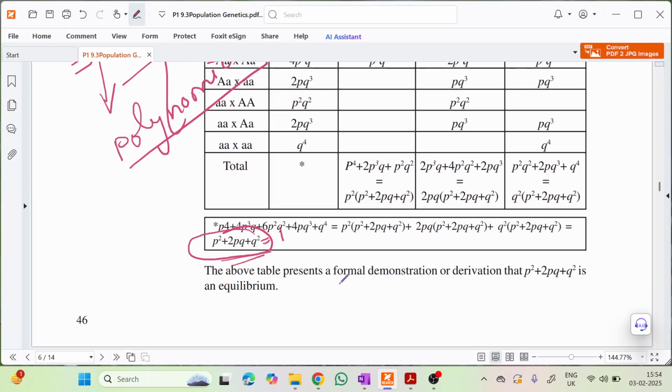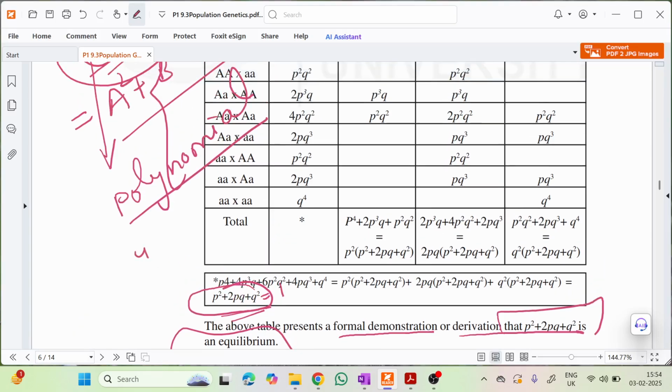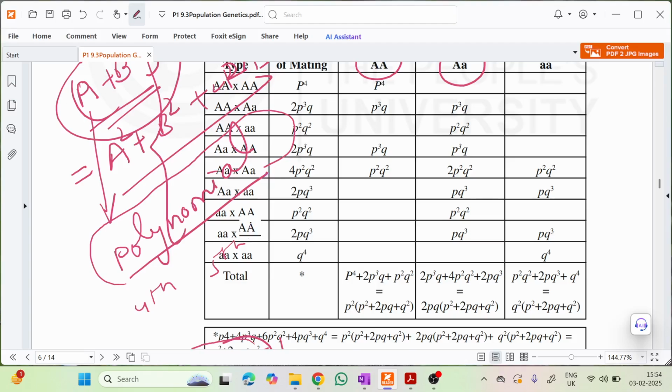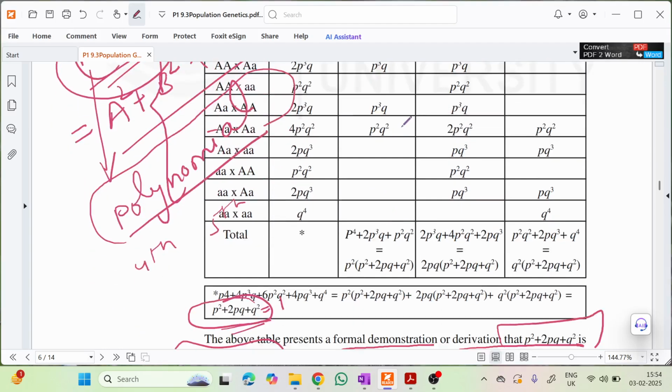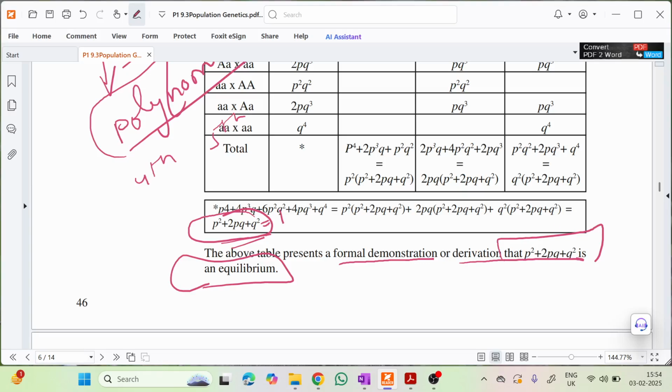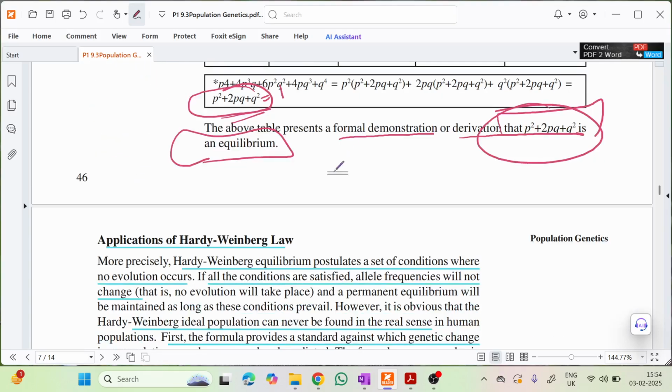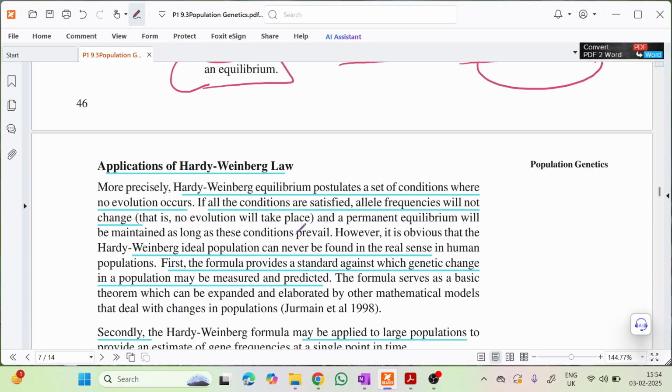So this table, it represents a formal demonstration or derivation that p square, 2pq और q square is an equilibrium. So आप कितनी भी पॉपुलेशन ले, फोर्थ जनरेशन तक ले, फिफ्थ जनरेशन तक ले, ये पोलिनोमियल एक्सप्रेशन जो है ये बढ़ता रहेगा. यहाँ पे जो मीटिंग पैटर्न्स हैं पनेट स्क्वायर के अंदर, मेल एंड फीमेल में उनकी फ्रीक्वेंसी डिस्ट्रीब्यूशन बढ़ता जाएगा, but ultimately you will end up at the same equilibrium. So this is the beauty of Hardy-Weinberg law.